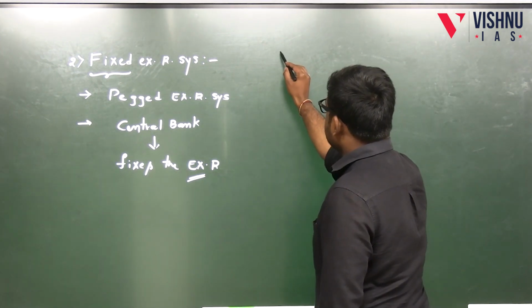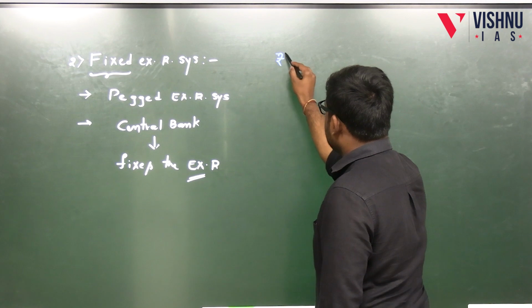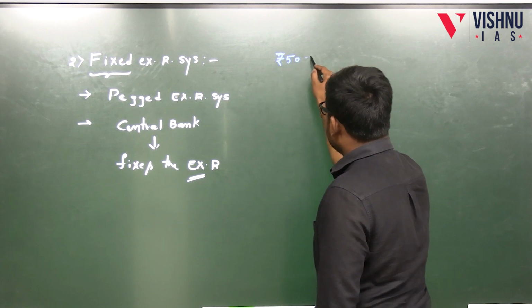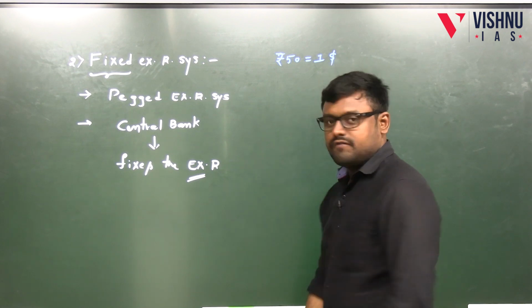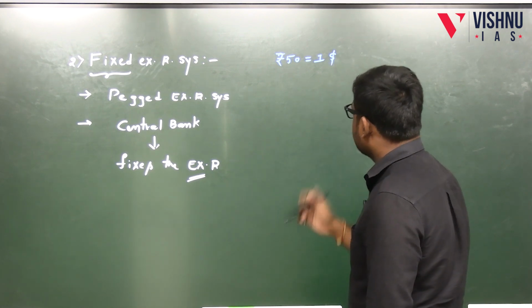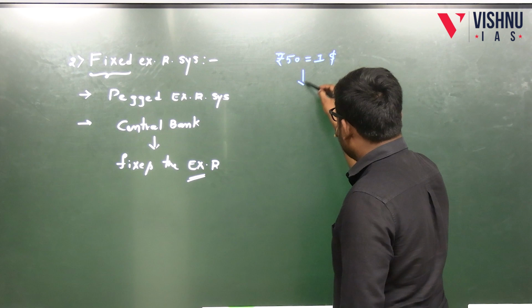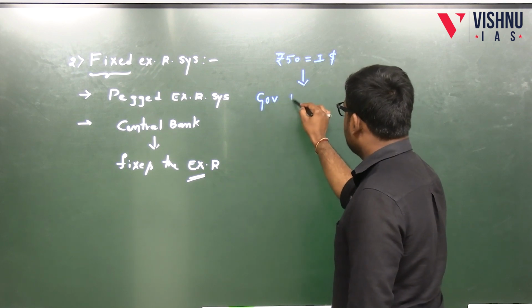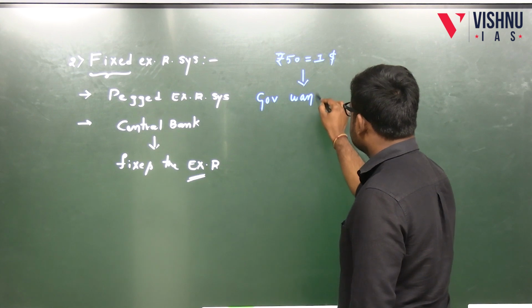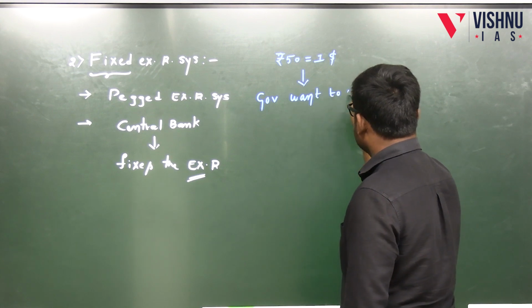Suppose initially 50 rupees is equal to $1. Now the government wants to increase exports.